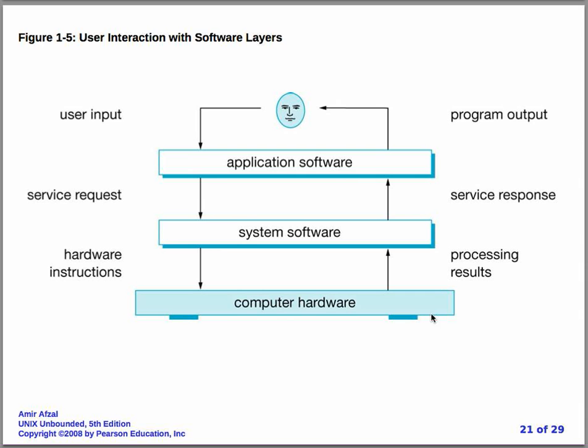Lowest level would be the hardware. On top of that will be a layer of software called operating system software or system software in general. In this first chapter, they just lump it all together. And then on top of that is application software, and you, the user, interact mainly with application software. Although in this course, we'll try to get to more of the system software.